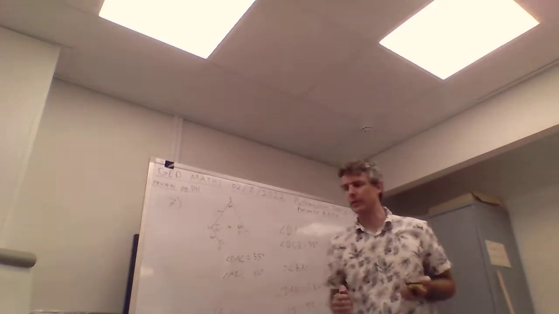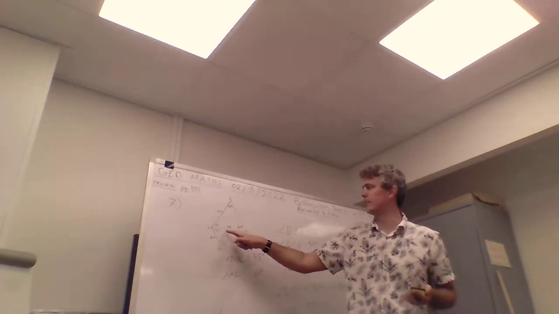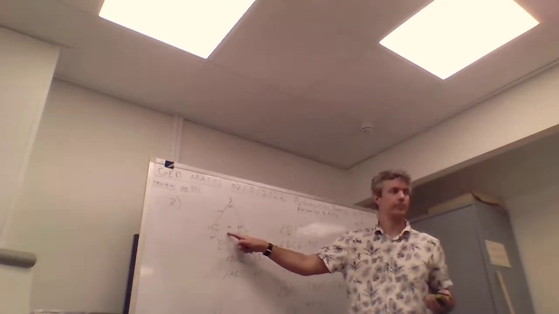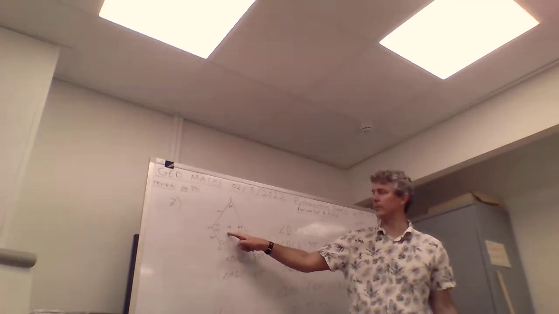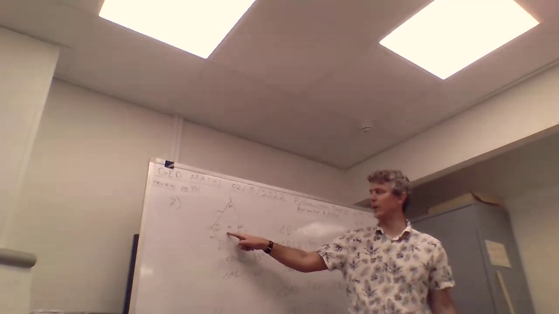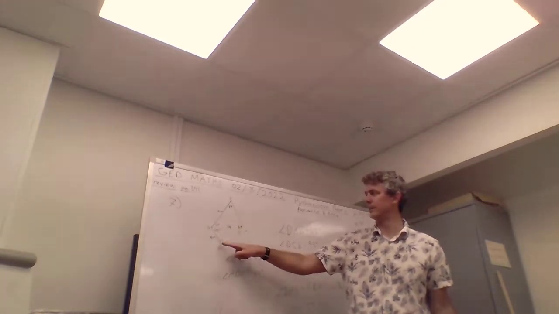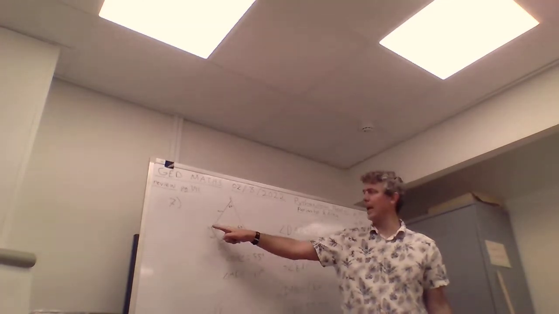Let's see, yeah, so number 8, it asks what kind of triangle. What kind of triangle is this? ACD. What triangle is this one? This one is not acute. It has a right angle in it. Which one?